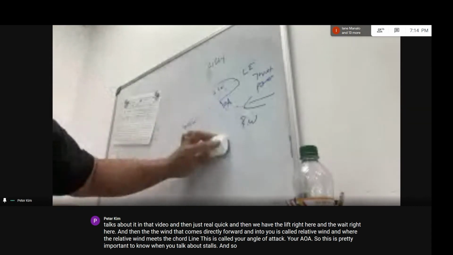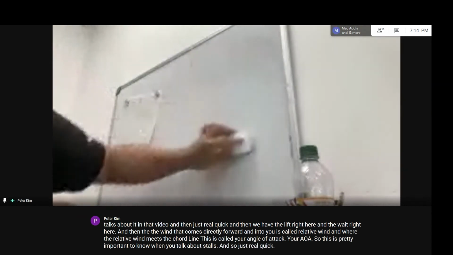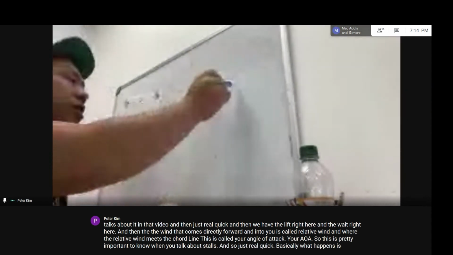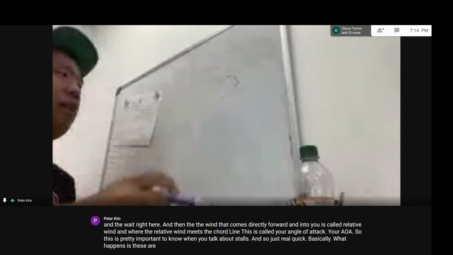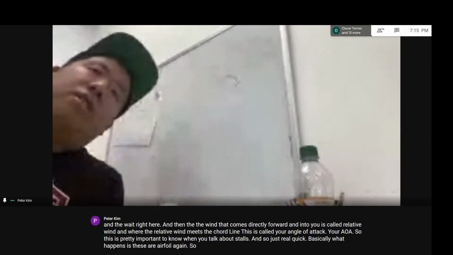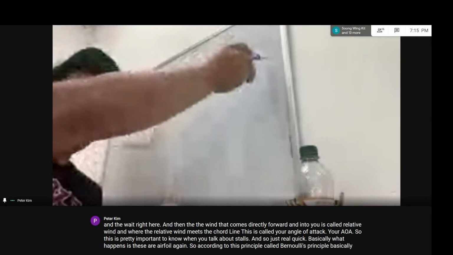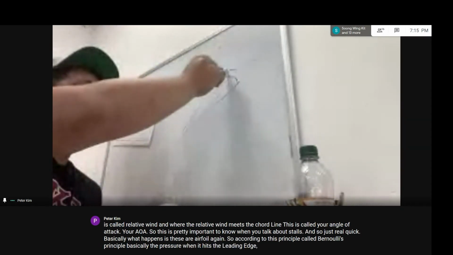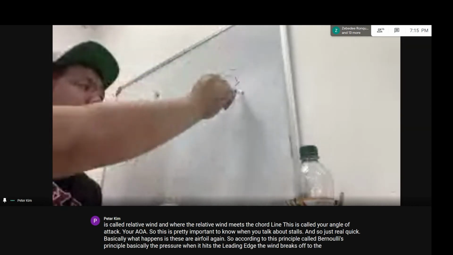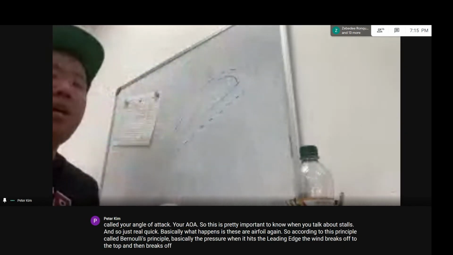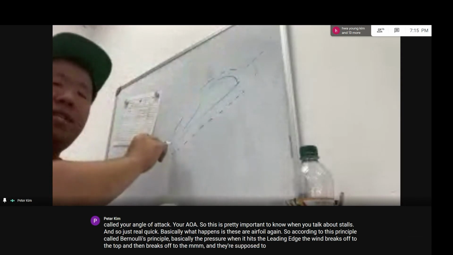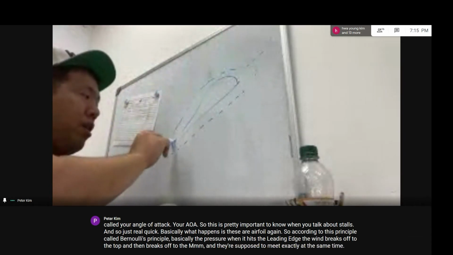So just real quick, basically what happens is, here's our airfoil again. According to Bernoulli's principle, when the wind hits the leading edge, it breaks off to the top and to the bottom at exactly the same time.